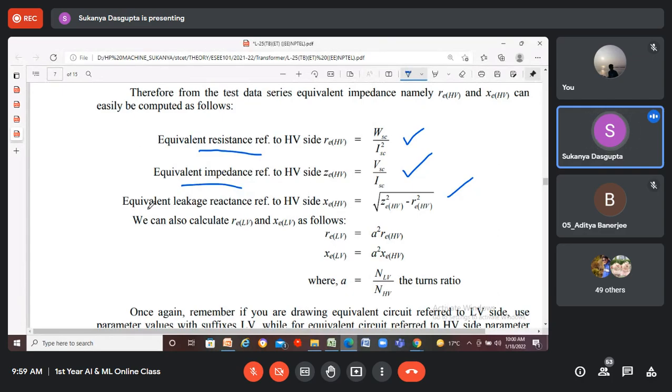So equivalent leakage reactance can be calculated as the square root of Z squared minus resistance squared, right?